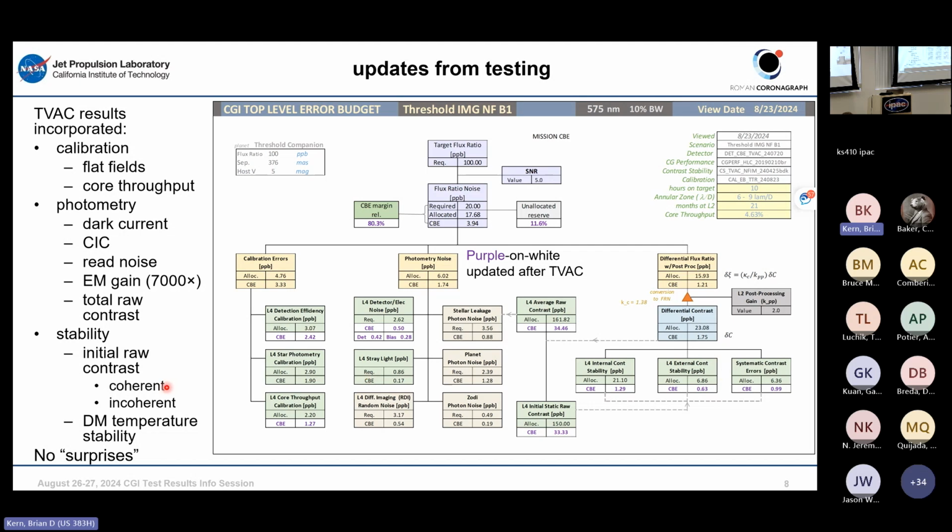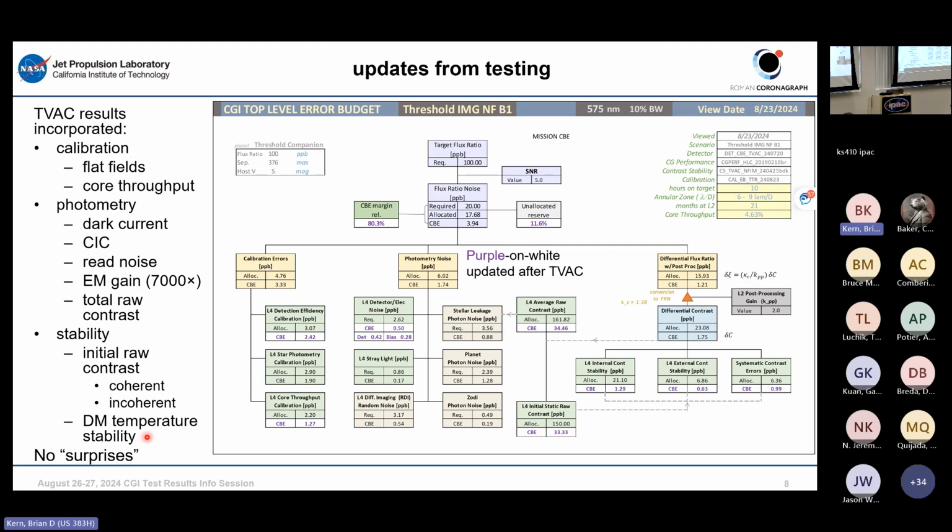The larger your coherent contrast is, the greater the sum of these stability inputs, the disturbances, the greater impact some of these disturbances have for higher coherent contrast. And so all of them have been updated to include that. We also had some very easy to read off data inputs, like how stable was the DM temperature.